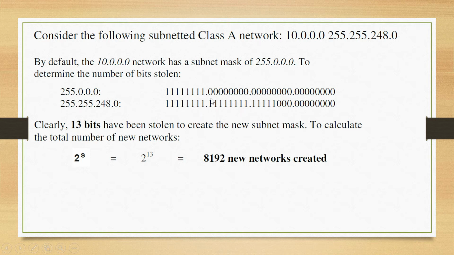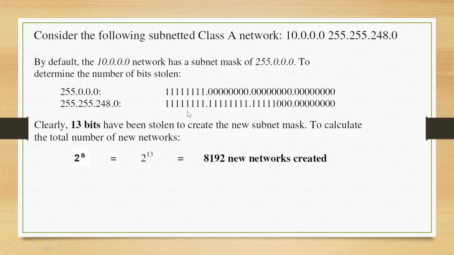Comparing the default and the custom subnet mask, there are zeros in the columns that have become a 1 in the custom. So the ones in the custom subnet mask are the stolen bits.